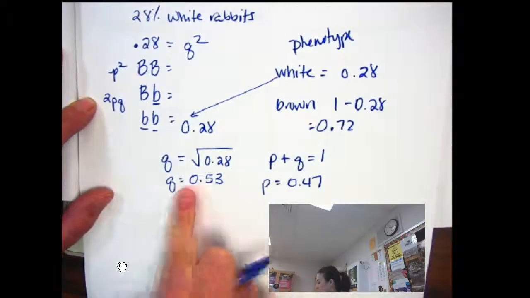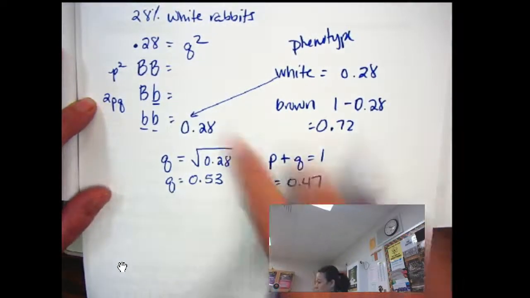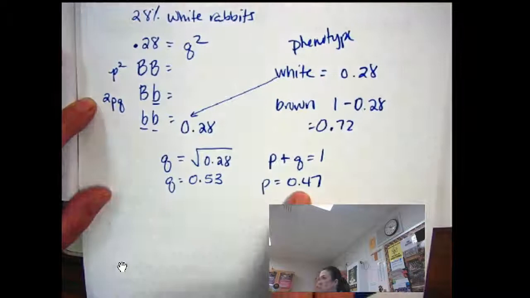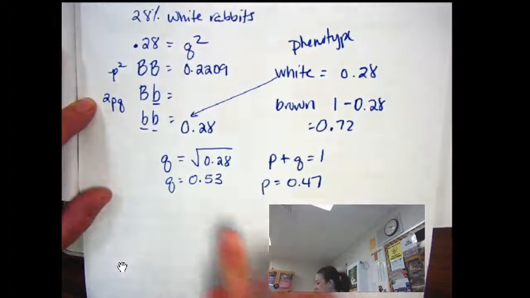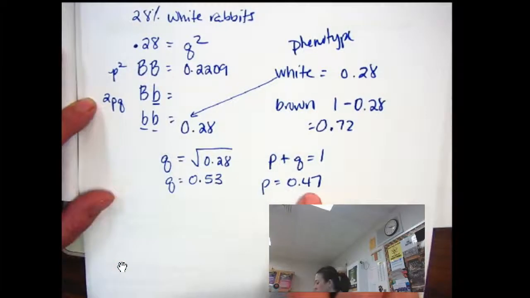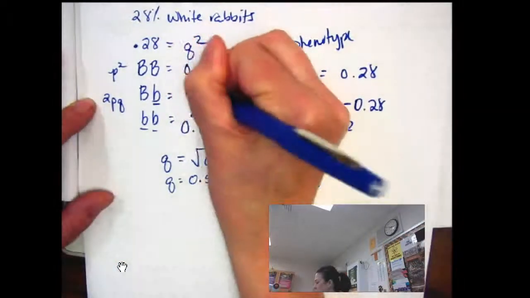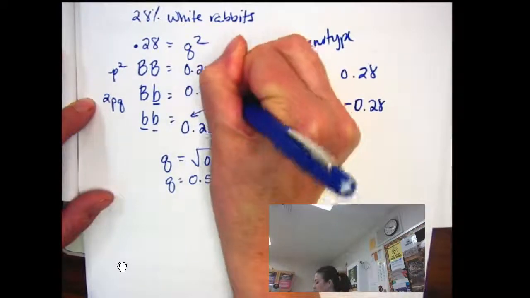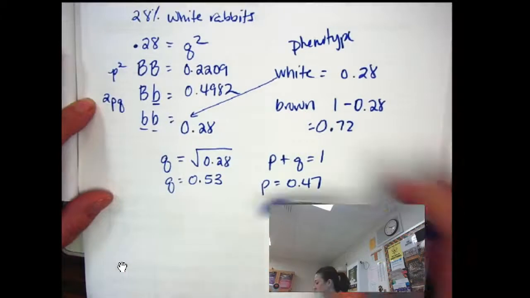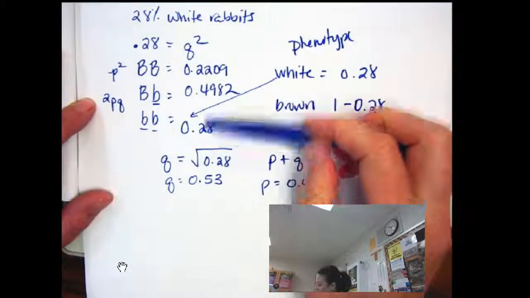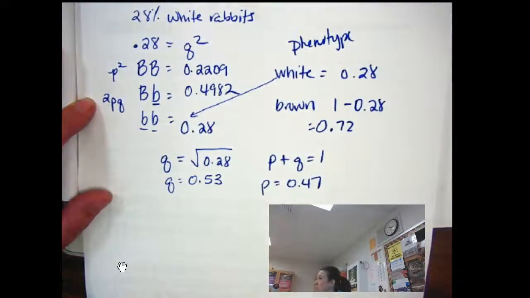Now that I know Q and P, it's a lot easier, because this is P squared. So 0.47 squared is 0.2209. And now the last one is 2 times P times Q, which is 0.4982. All of these should equal 1 or 100%. It looks pretty close to 1 to me.